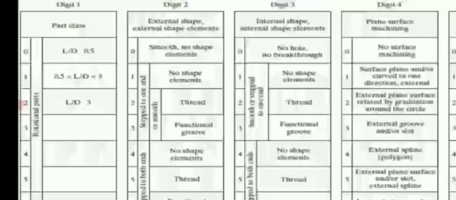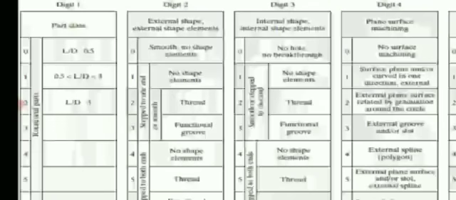Smooth, no shape elements. Okay. Next 3 digits 1, 2, 3: the stepped to one end. Next codes 4, 5, 6: stepped on both ends. Okay. See, in our problem, stepped on both ends with thread cutting is given. Then what is the second digit?